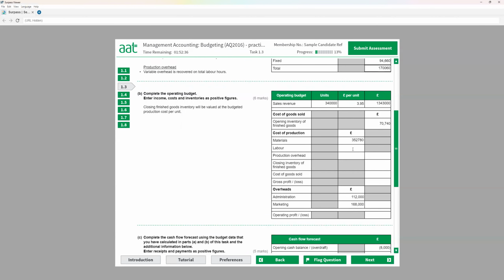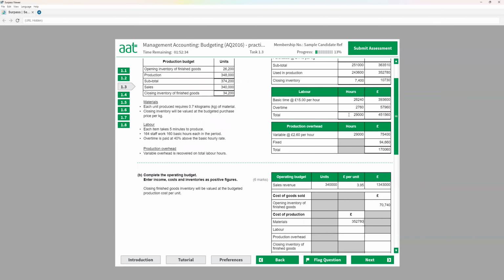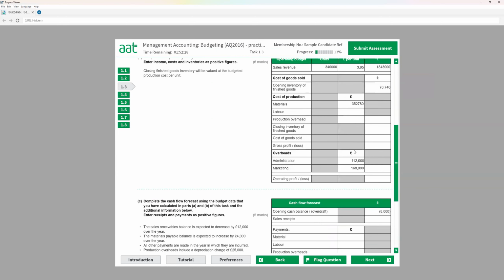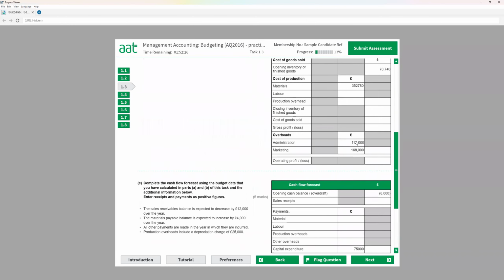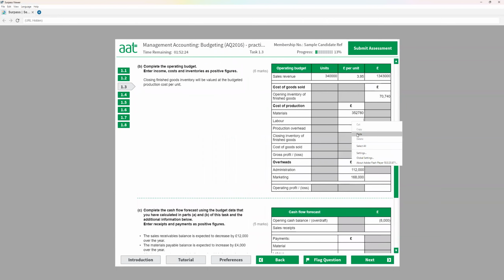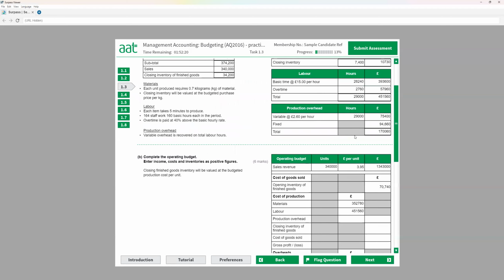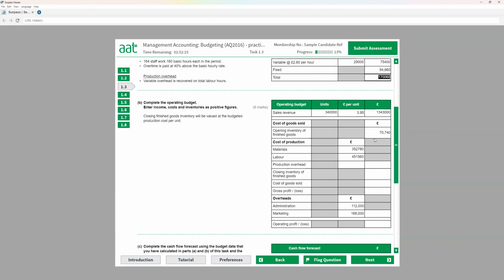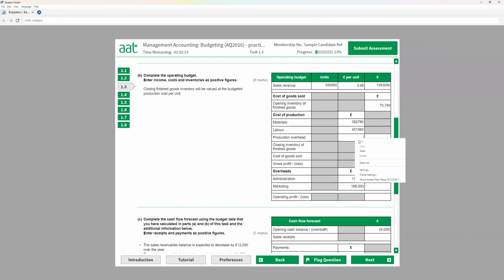Labor, the total labor cost for 29,000 hours is 451,560. So just copy. Then the overhead total, 170,060. That's it.